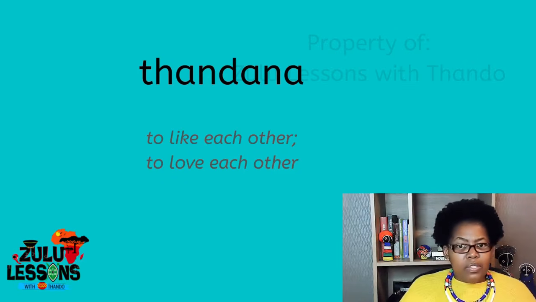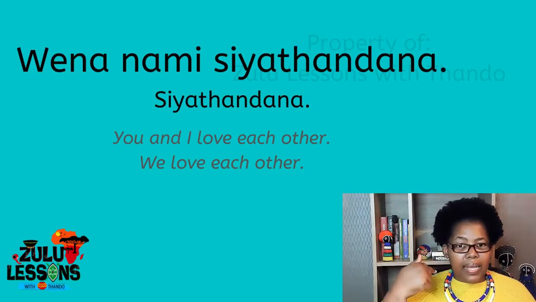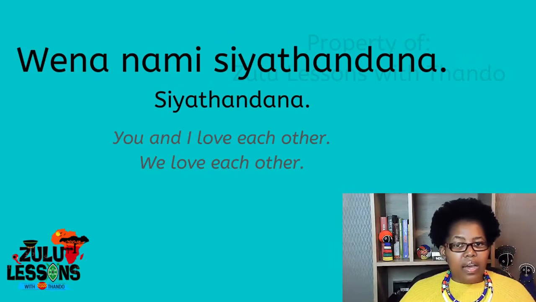That now no longer simply meaning to love or to like. Now it means to love each other, to like each other. So if I say you and I love each other, I would say wena nami siyathandana.